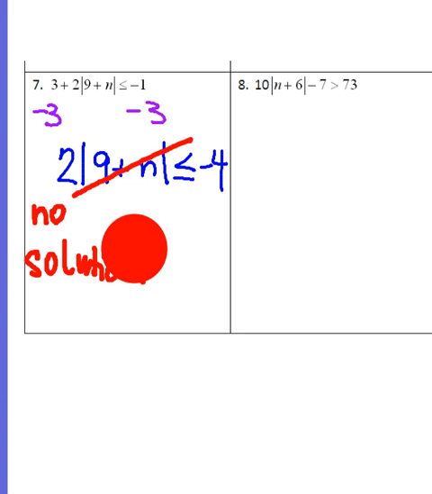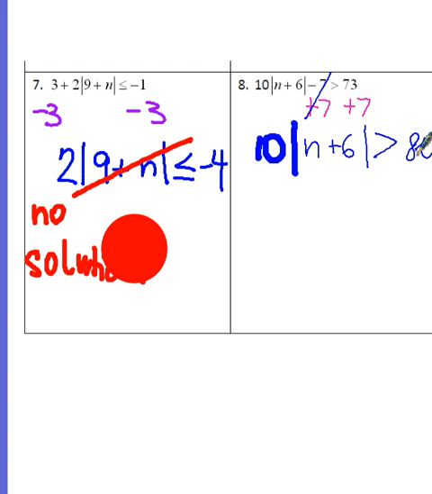Problem number 8. Again, we will try to get rid of all the other terms. We will be adding 7 to both sides. Then we get 10 absolute value of n plus 6. We got rid of 7, and it is greater than 80. We can divide now.